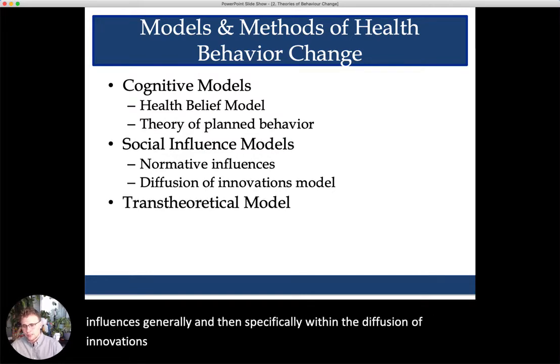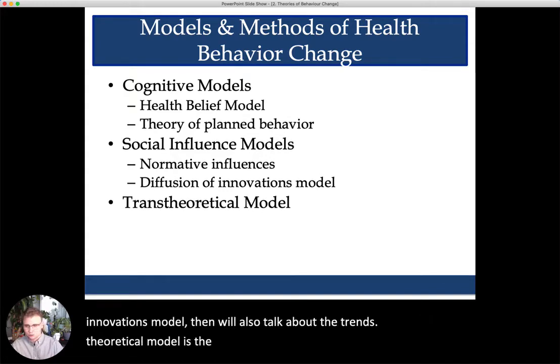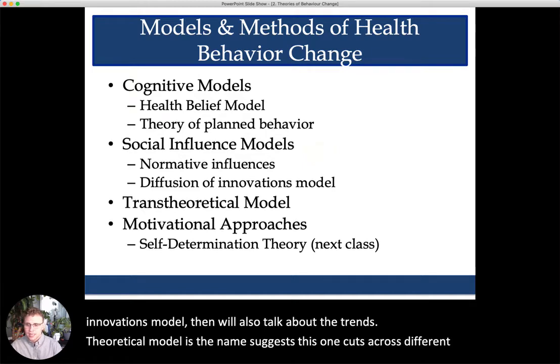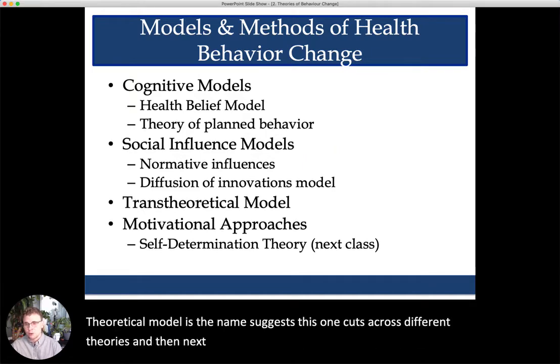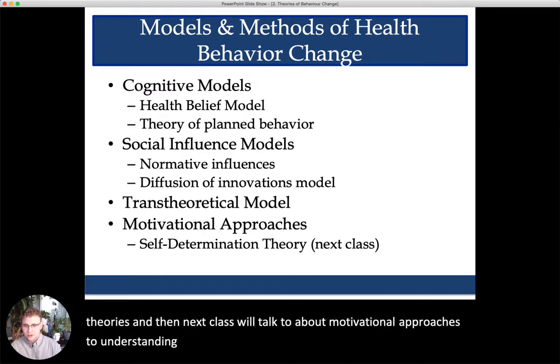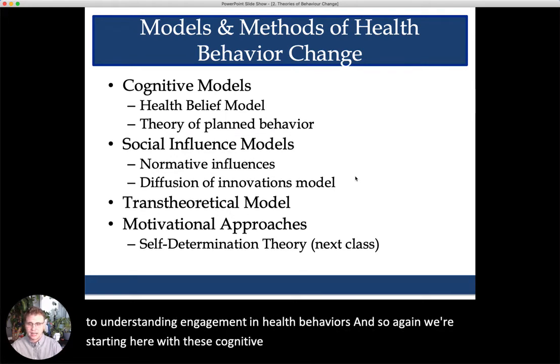Then we'll also talk about the transtheoretical model. As the name suggests, this one cuts across different theories. And then next class we'll talk about motivational approaches to understanding engagement in health behaviors. So again, we're starting here with these cognitive models, so I'm going to launch into that now.